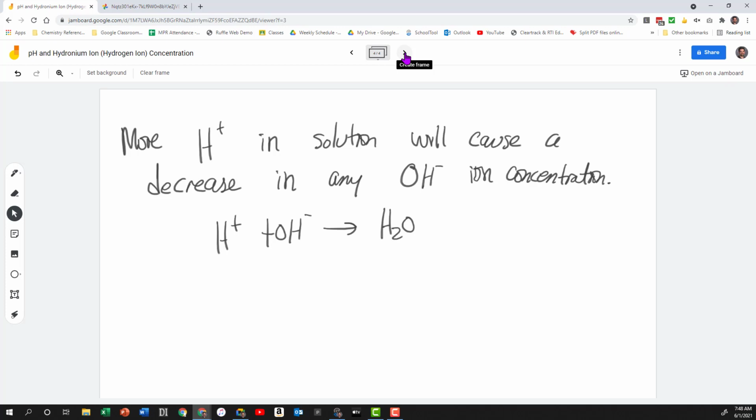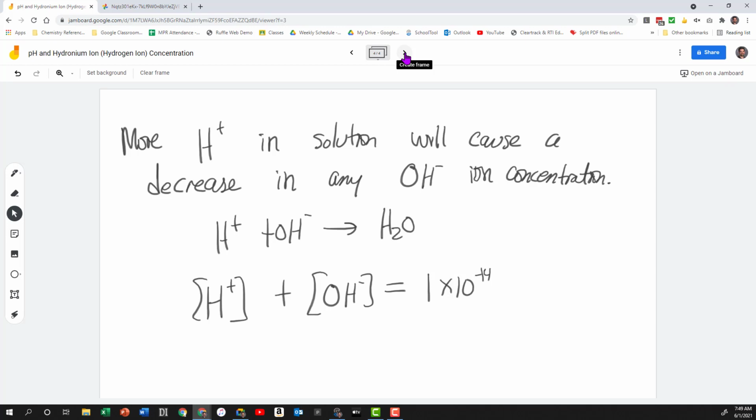And so there's an interesting relationship between the concentration of H plus ions and OH minus ions. If concentration is given by square brackets, then the concentration of H plus ions plus the concentration of OH minus ions in water is always equal to 1 times 10 to the negative 14.